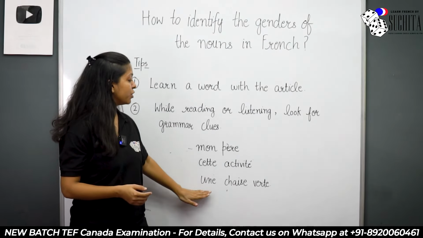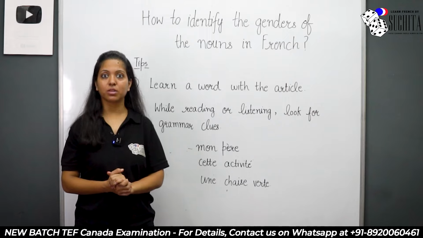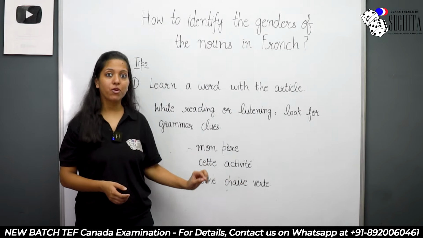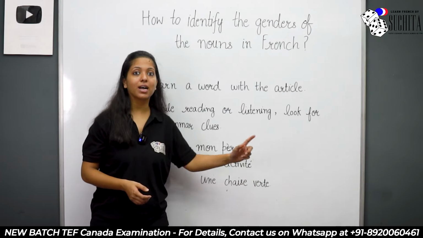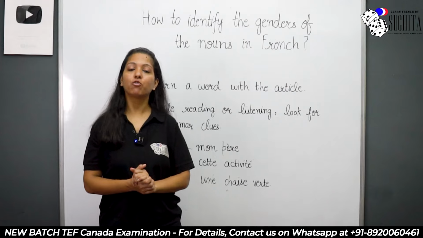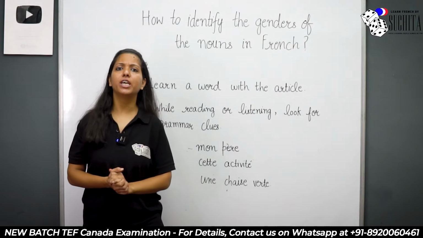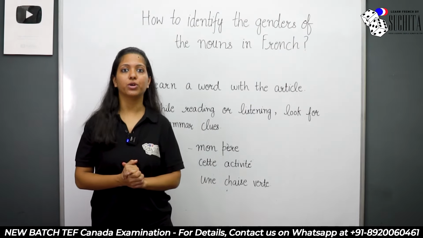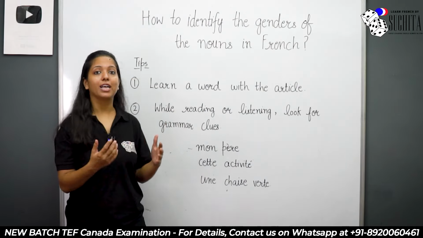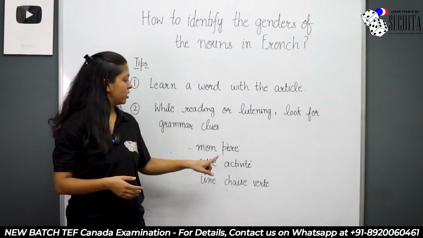The next one is une chaise verte. Now you see, verte is feminine. That's ending with E. The color is ending with E. So that means the word chaise is feminine. So whenever you are learning a word, don't just learn that word. Learn some indication with that. For example, I told you un livre.